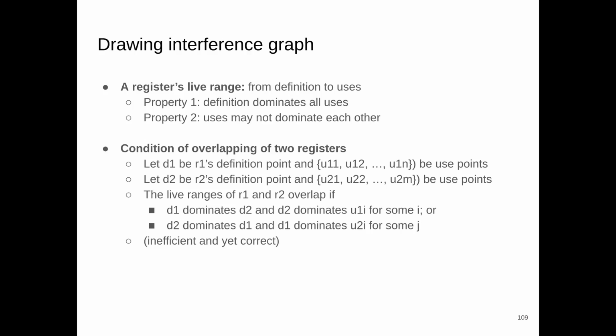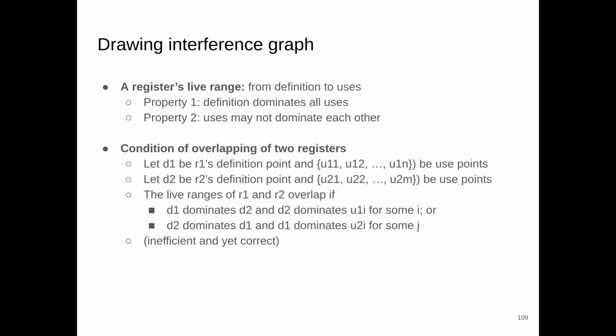And there can be many uses, so this live range is not just an interval. It is basically a union of multiple intervals. Each interval is from definition to a use, and the live range is the union of all such ranges from where a register is defined to where it is used.